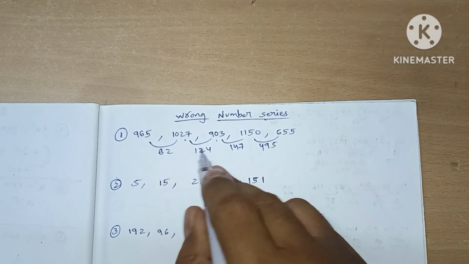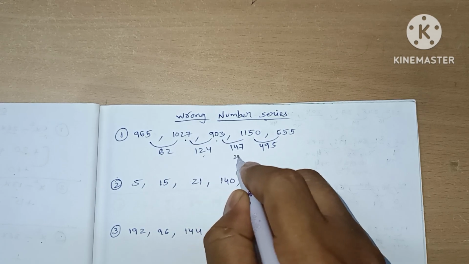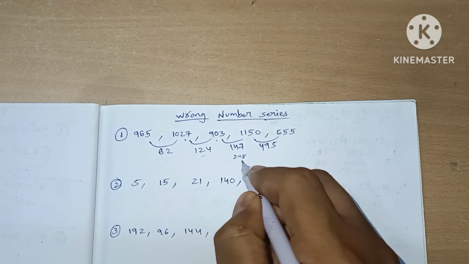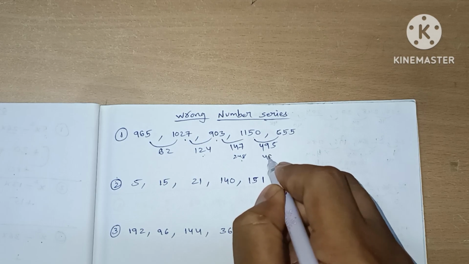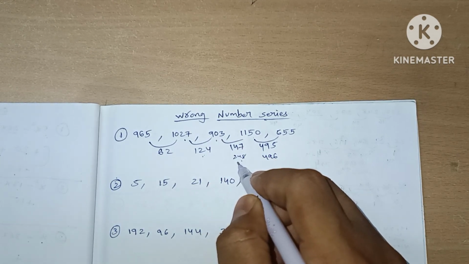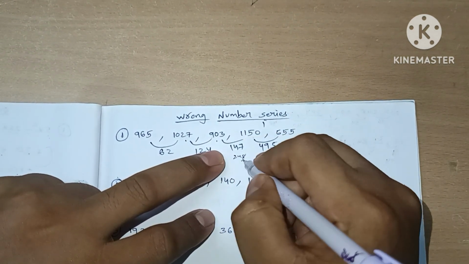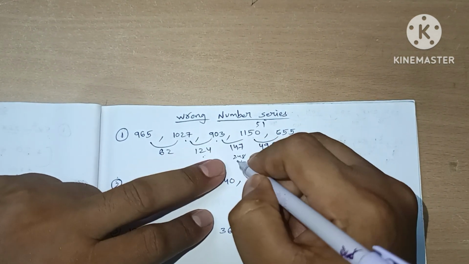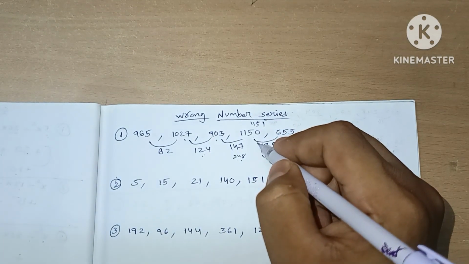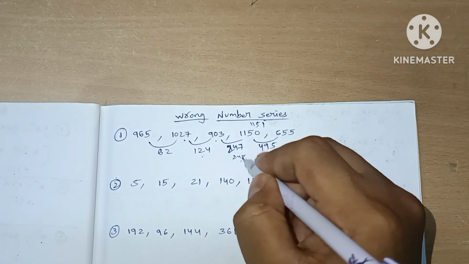Here 64 becomes 128. 128 2 times will be 248. 248 2 times will be 496. Let's see, 903 plus 248 will be 1151. Wait a second. This is not 147, it is 247.